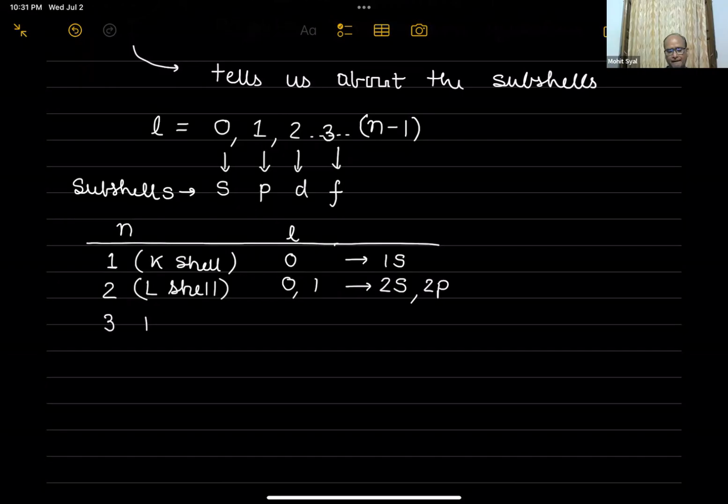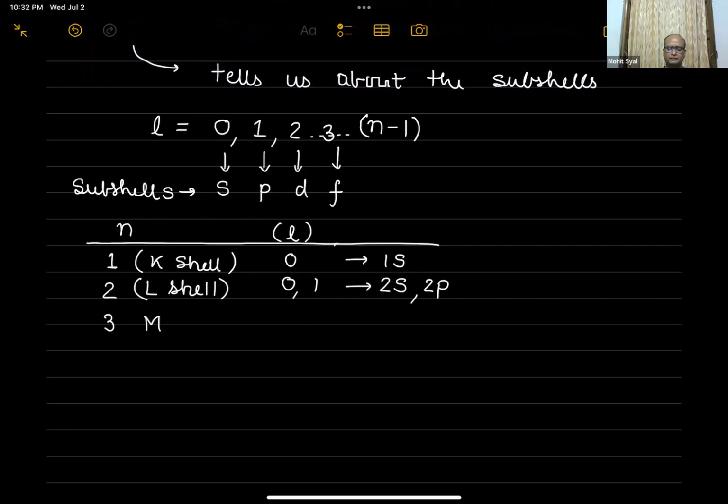Will 0, 1, and 2 be included? Yes, because it is the subsidiary quantum number, so just imagine that it stops one position before n. It stops at n minus 1. It starts from 0 and stops at n minus 1. Got it?